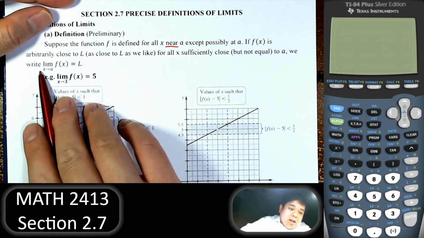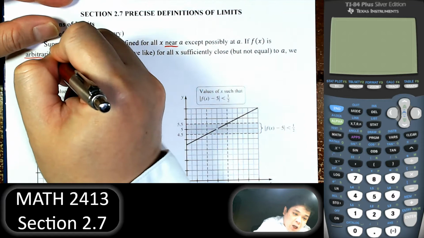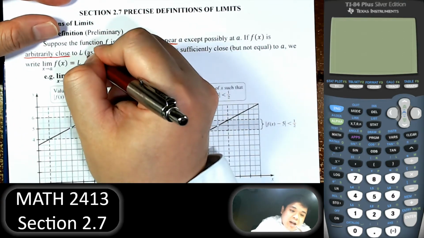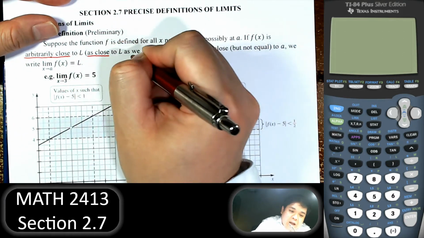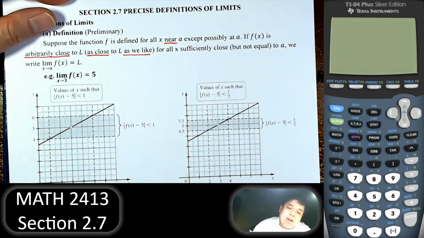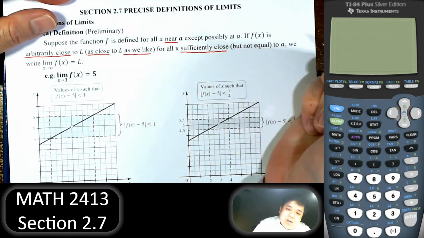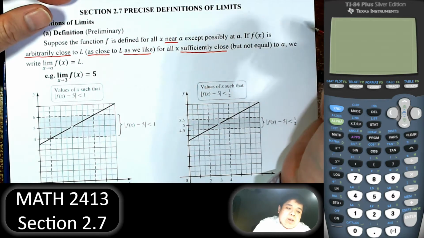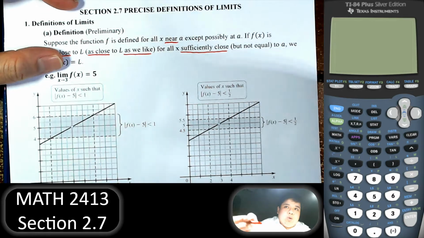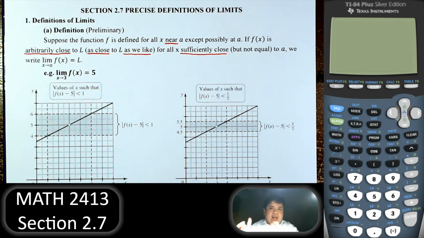If the function is arbitrarily close, meaning as close as we like, for x sufficiently close, not equal to a, we write the limit of f(x) equal to L. So you get the idea: x gets close to the point, then the y values get close to the point. That's actually what the definition is.